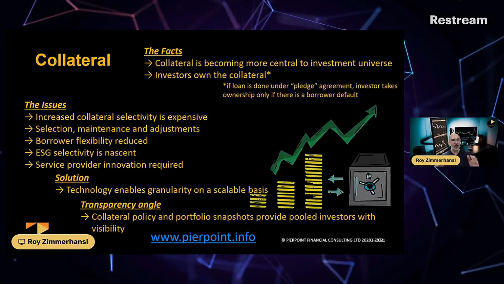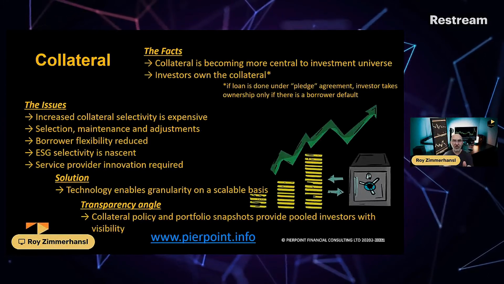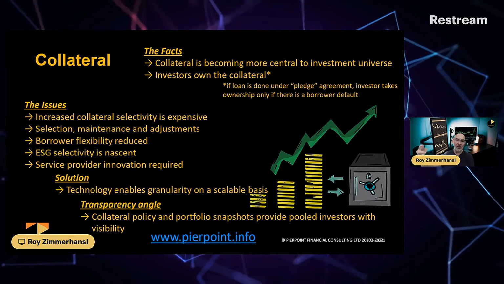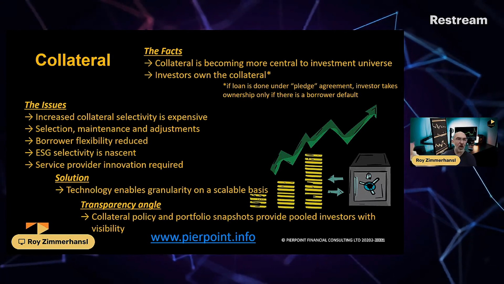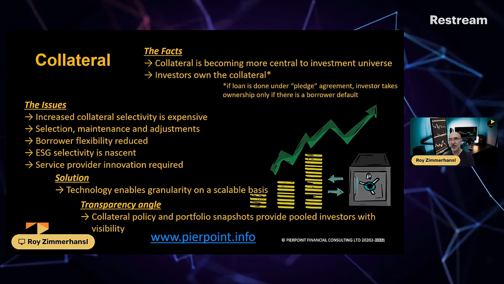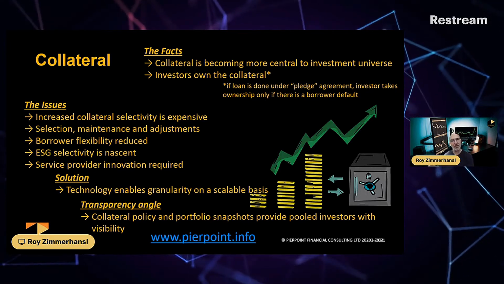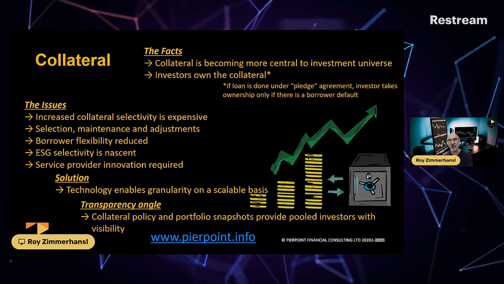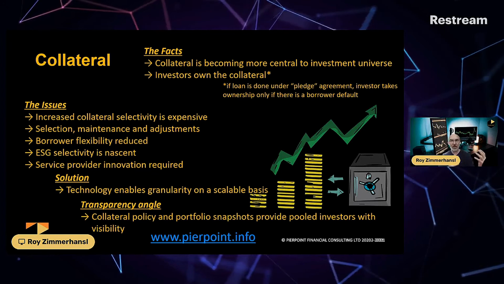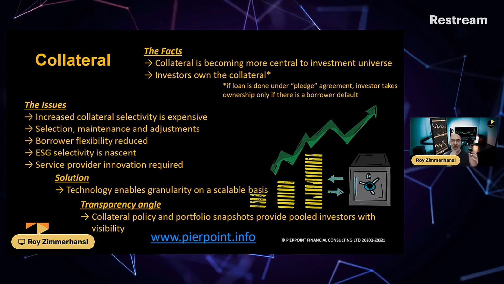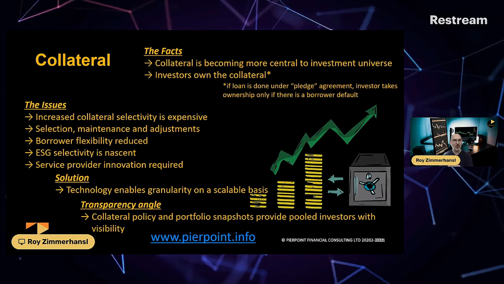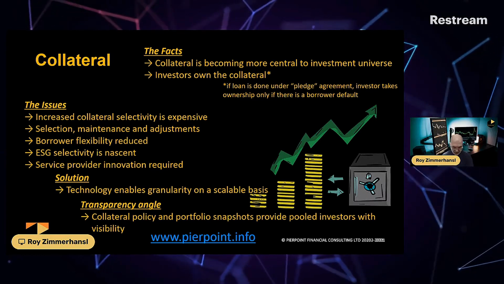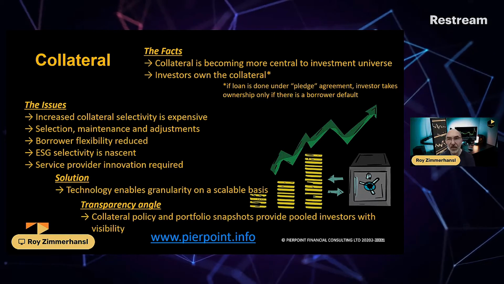At the same time, while you're allowing clients to be more selective, the automation behind that should mean that the matching engines, through tri-party agents or even sometimes bilaterally, will also facilitate the ability to have low unit cost processing, because that's the challenge. And of course, the transparency angle: both the collateral policy and portfolio snapshots should really be available, particularly to pooled investors, right? Where there's not a lot of transparency at the moment.